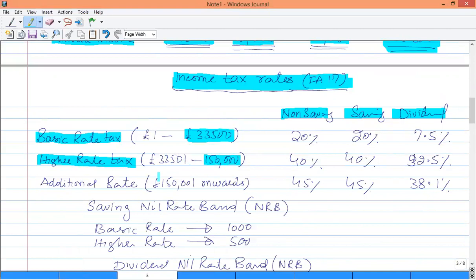And if income exceeds 150,000, then the person is called the additional rate taxpayer. According to this classification, the rates vary with the income limit. For example, if a person is earning dividend and is an additional rate taxpayer, then the maximum tax on dividend is 38.5%, the maximum tax on non-saving income is 45%, and on saving income is 45%.